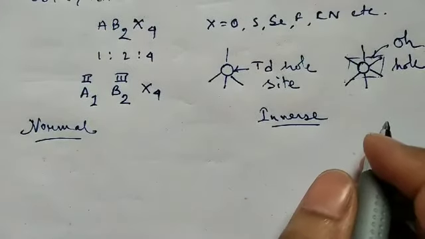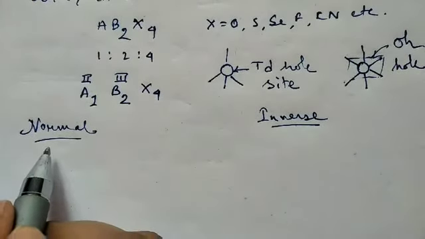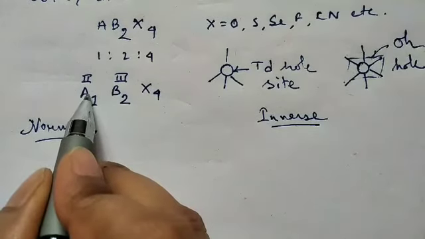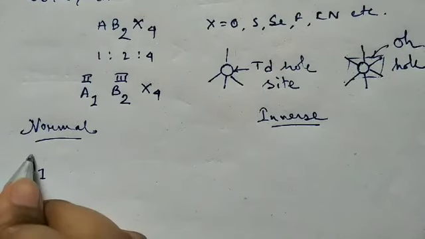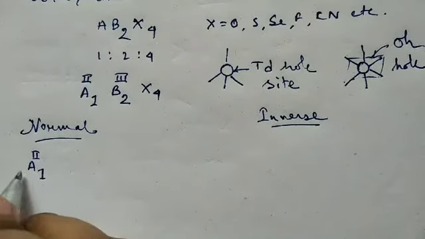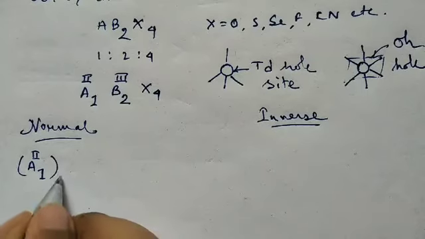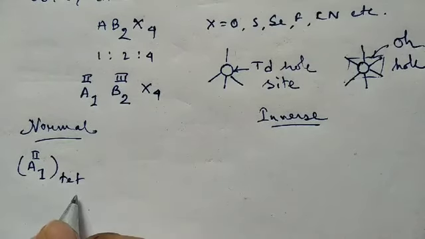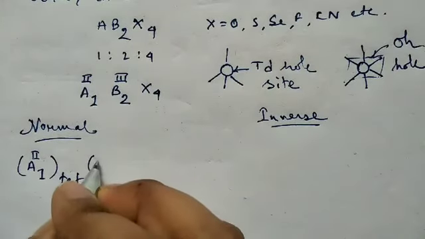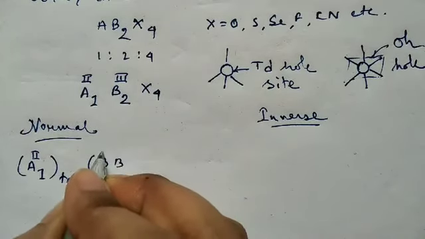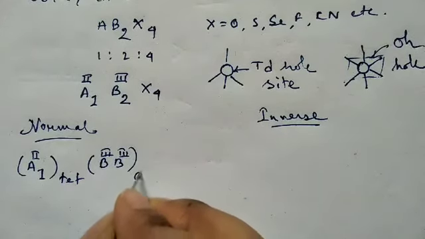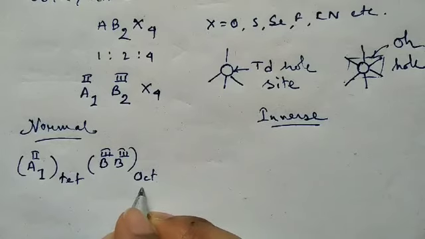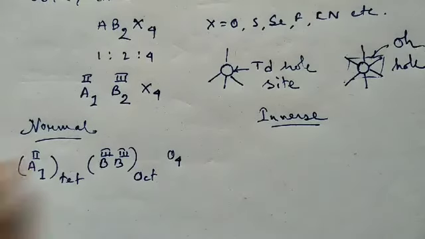Okay. So a normal spinel depends on this: if the cation which is less in number and has the 2 oxidation state occupies the tetrahedral site, a hole having less coordination number, and the tripositive cation, which is more in number and has the more oxidation state, occupies a site having more coordination number, that is the octahedral hole, then that will be called a normal spinel.